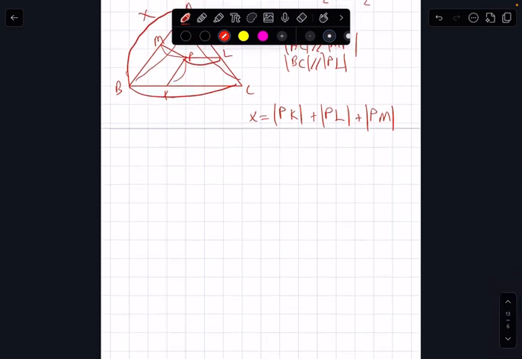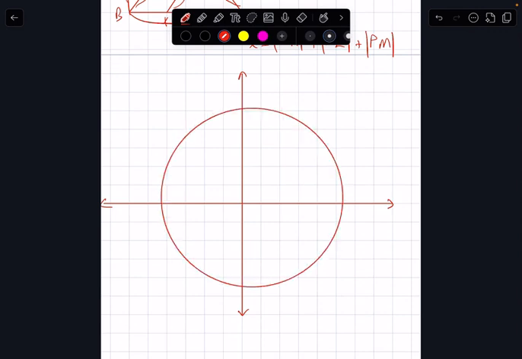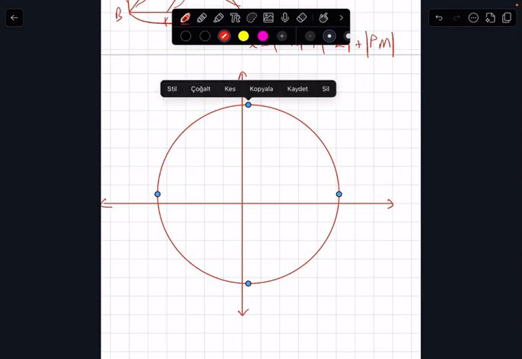Before I move on to the next video, I'm just going to show you some examples from the unit circle. As I mentioned in the previous videos, pi was equivalent to 180 degrees, right? And in here, I'm just going to ask you some questions about some degrees. Okay.